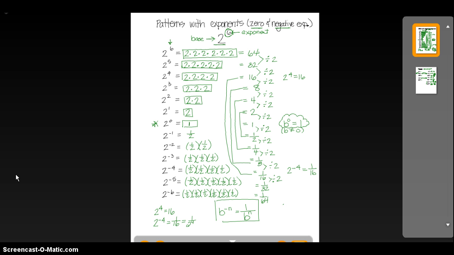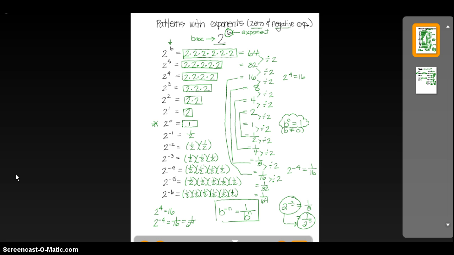Again, let's grab another one. 2 to the negative third was 1/8, but that's the same as (1/2) to the third. So notice how our power with a negative exponent turned into the reciprocal, and the exponent becomes positive.